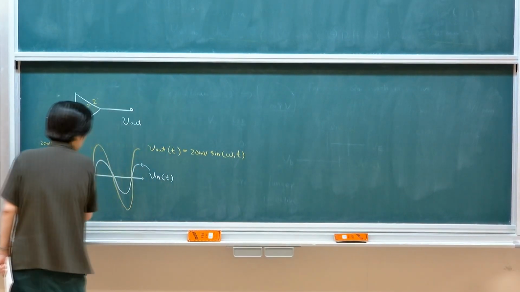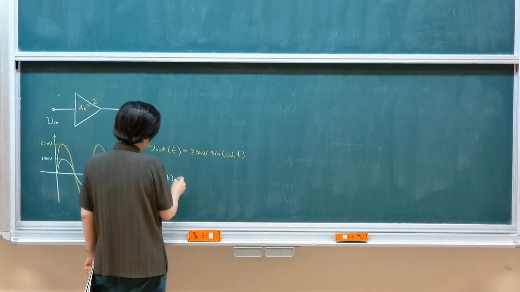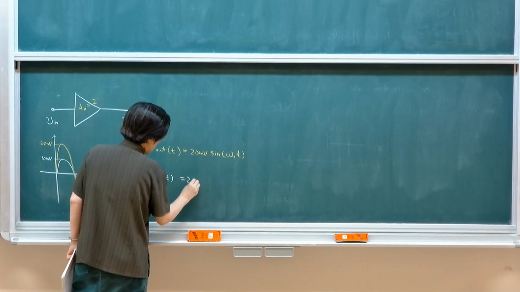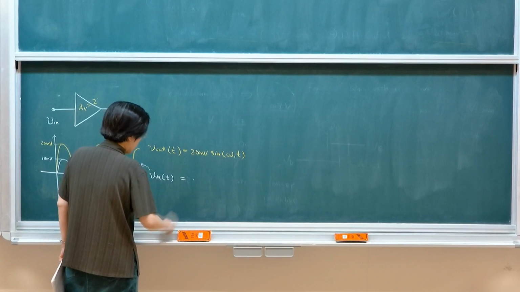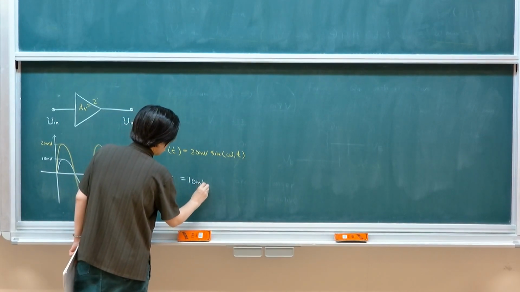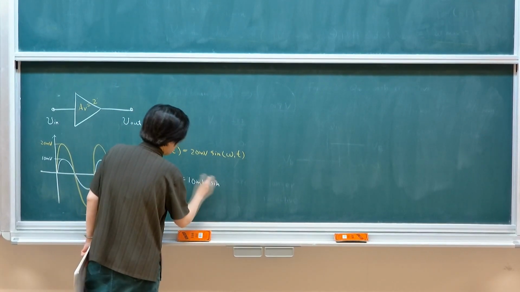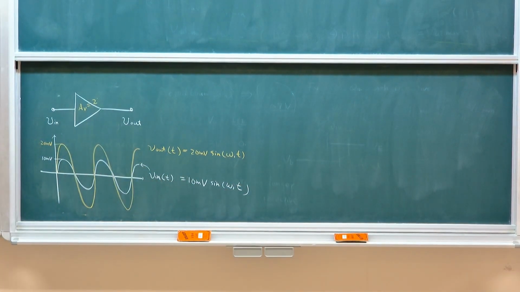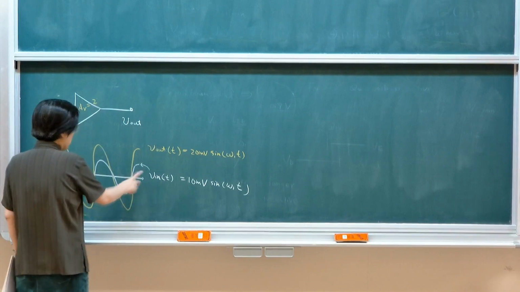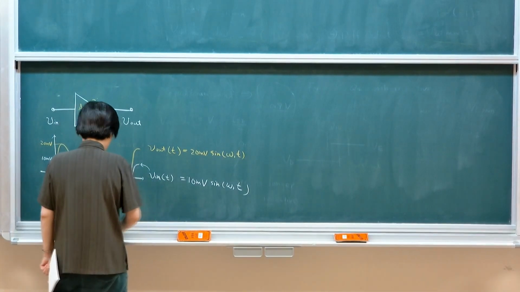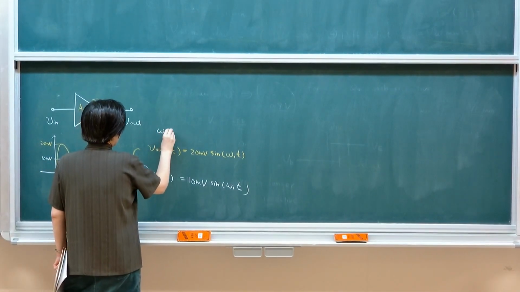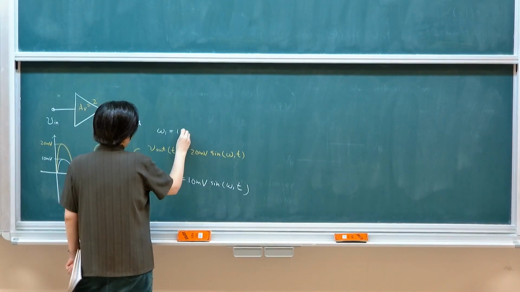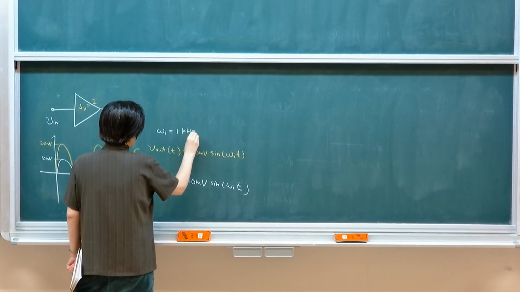If this is my input, omega 1 simply means that I'm given a specific frequency, 10 millivolt sine omega 1 t. So it will follow the same frequency. You expect whatever input frequency your signal has, your output frequency will be the same, right? Let's say omega 1 is an arbitrary 1 kHz.